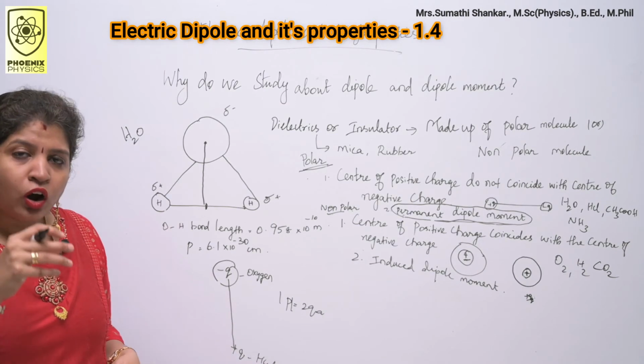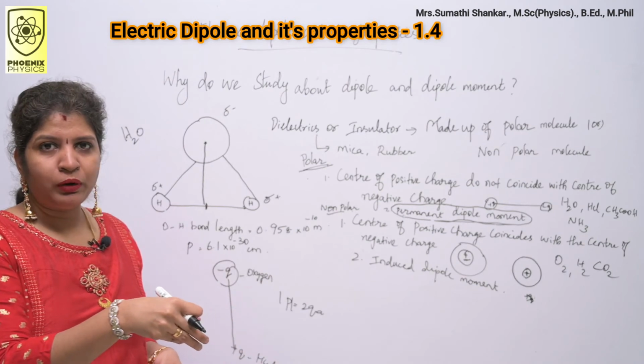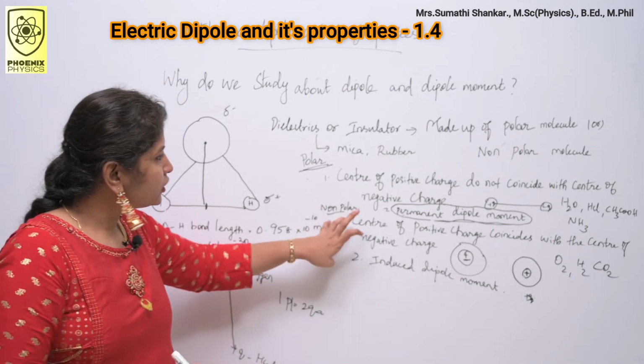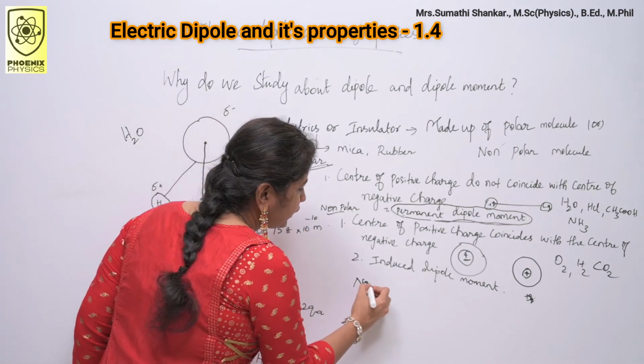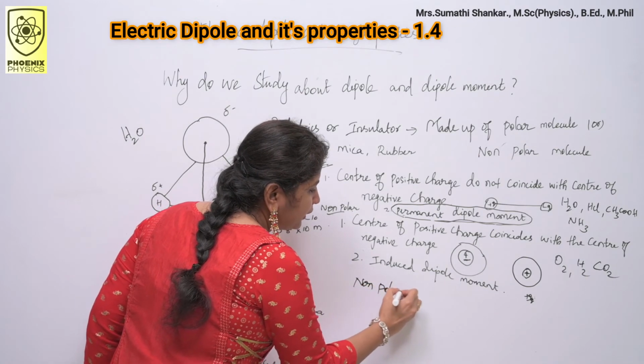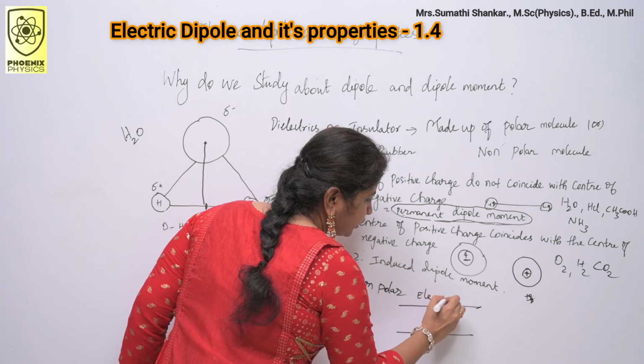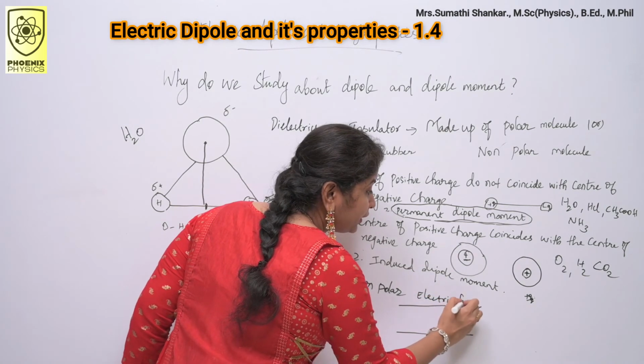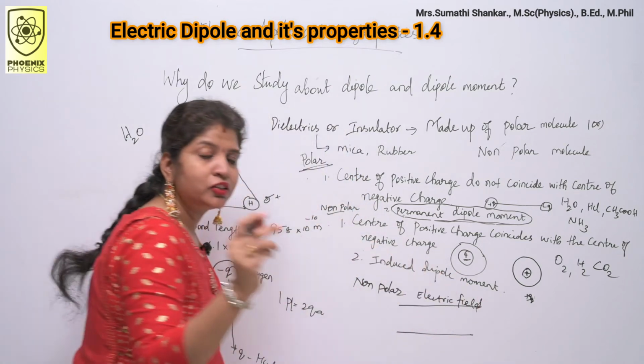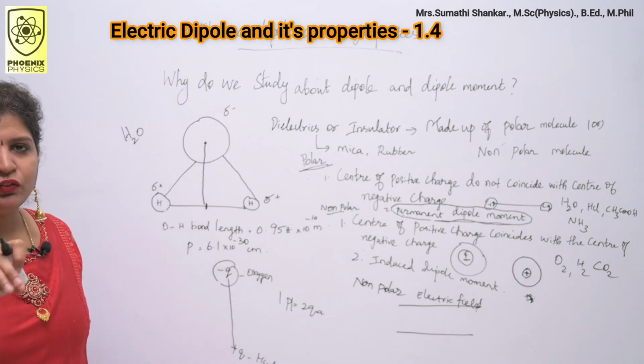Then if you want to induce dipole moment, we have to place this non-polar molecule into an external electric field. Why did I mention external electric field? You know that each charge possesses an electric field.